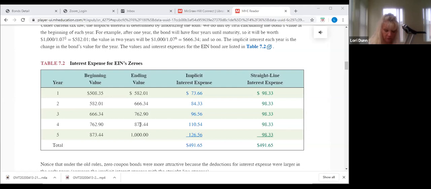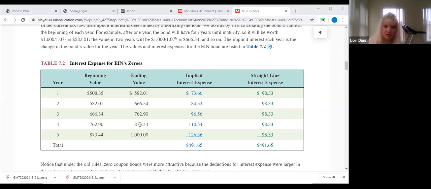So each year, to calculate the amount of interest, you take that beginning value of the bond, 508.35 for the first year, times that 14.49%, and that's the amount of interest that would have occurred on the bond and would be recognized.